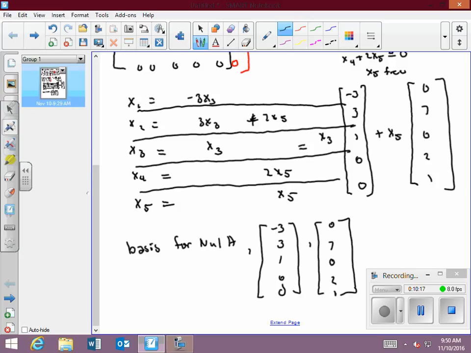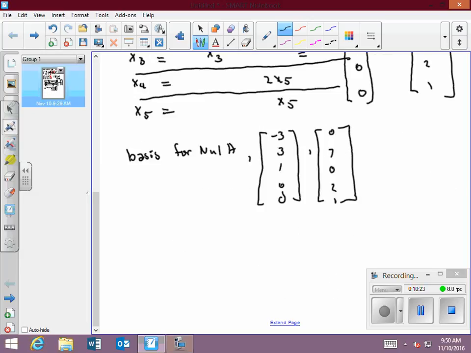And the dimension of column A, there were 4, right?